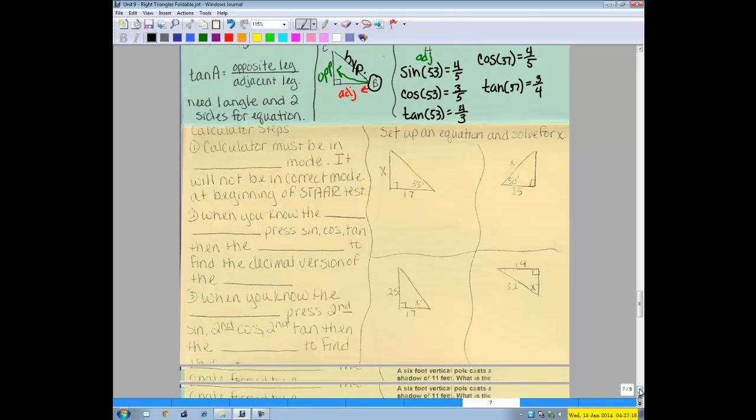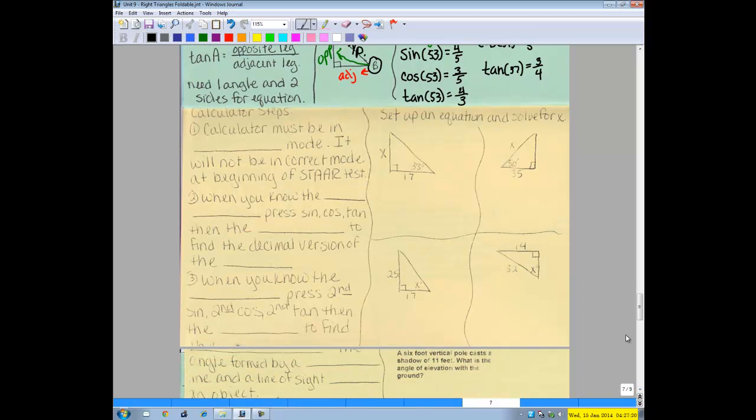Now, to solve these things, you're going to need a calculator. It says, calculator steps. Calculator must be in degree mode. And I'm going to show you what that means in just a minute using my digital calculator.